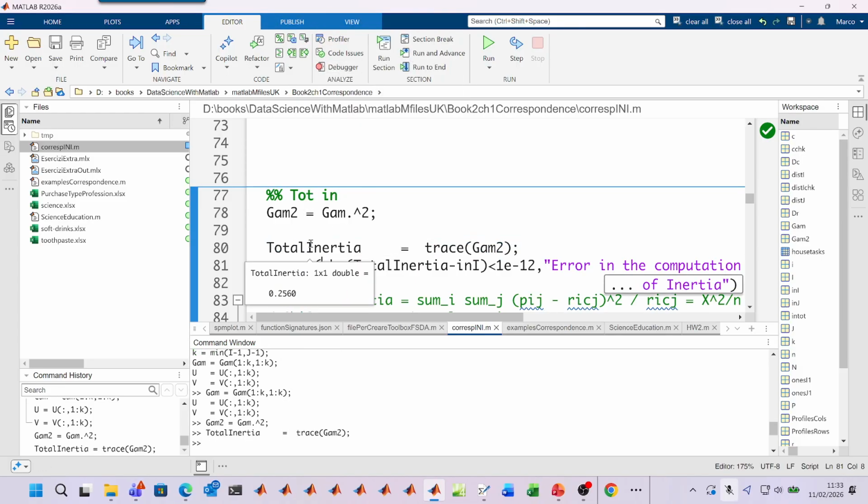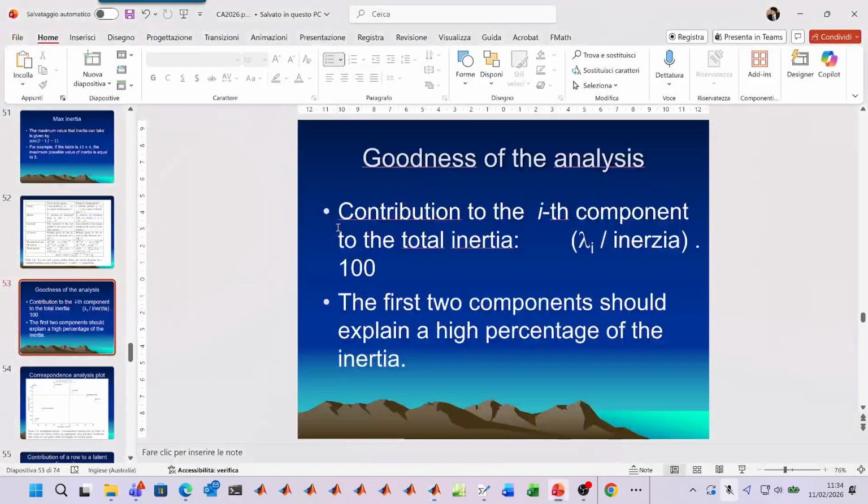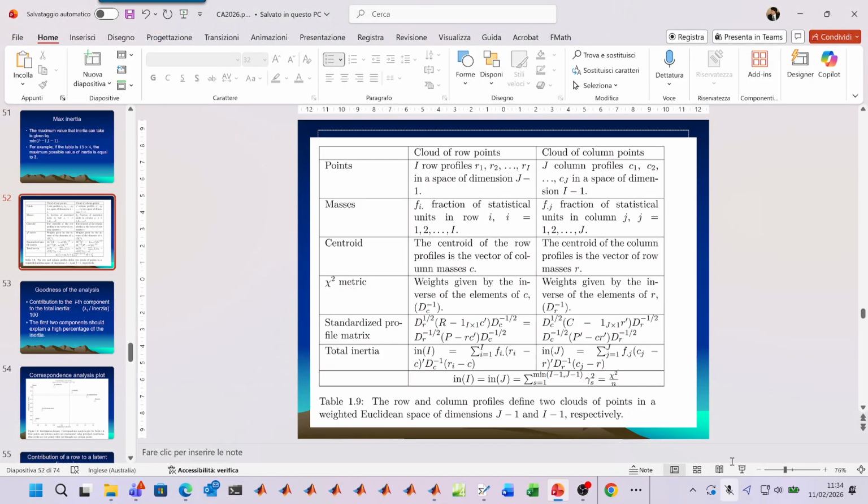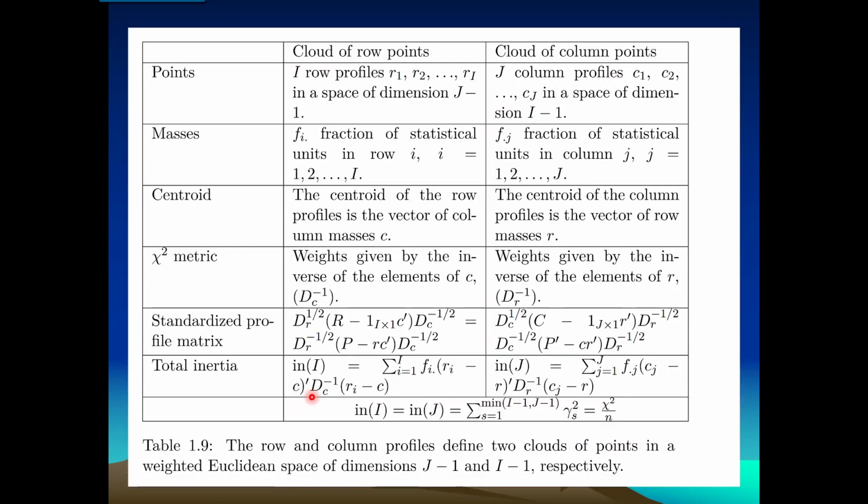The total inertia, therefore the sum of the squares of the elements of Z, which is also the sum of the squares of the singular values, is the weighted variance, that is the sum of the squares of the distances of each point with respect to the centroid. Incredible. So this is exactly the last row here. Don't you think it is incredible that you obtain exactly the same number?